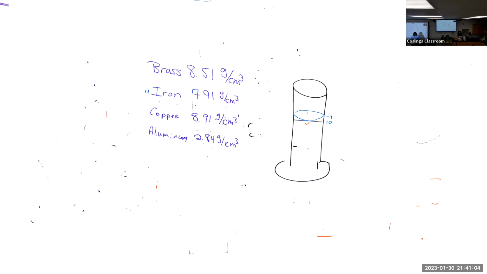That's my volume. Oh, wait. Your mass is in grams. We want copper. This is the density of copper. Copper. Copper. Copper. We got copper.